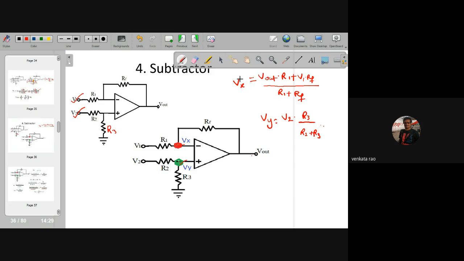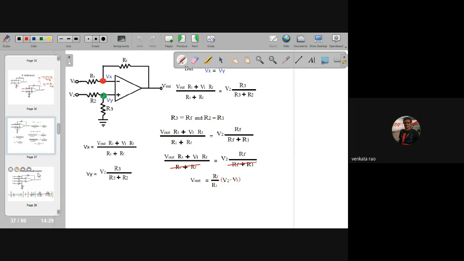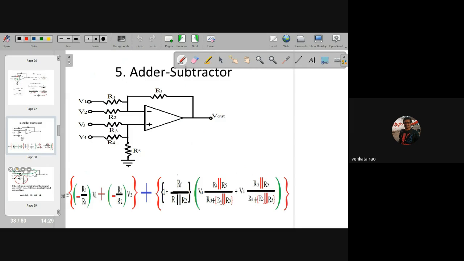Just equate Vx equal to Vy, then you get the relation. So that is what we did here. Now the output we got is RF by R1 into V2 minus V1. This is the subtractor.